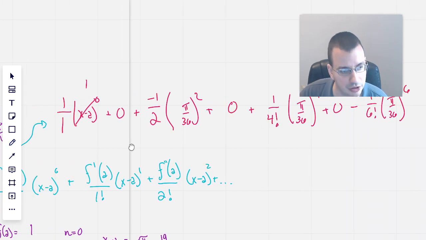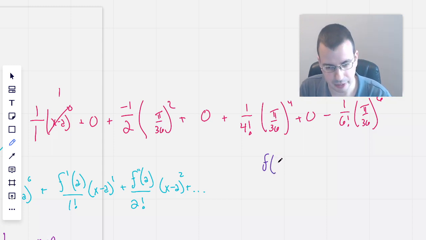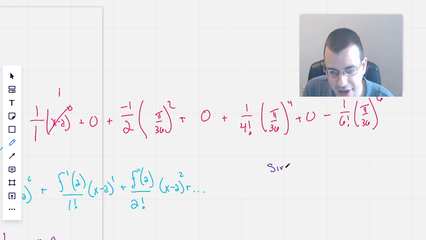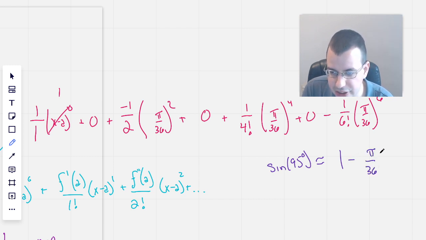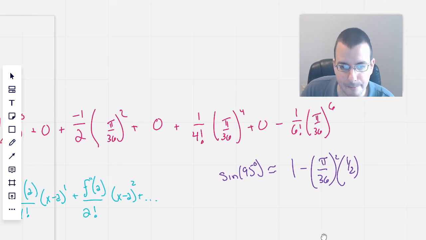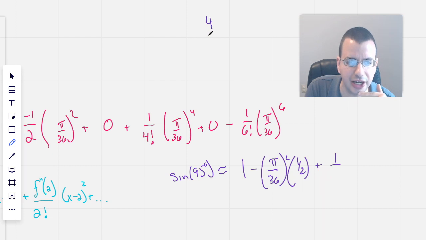So our first term, we look over here, it just turned out to be 1. So we have f of, I'll just say sine of 95 degrees is approximately 1 minus pi over 36 squared times 1/2, plus 1 over 4 factorial. 4 factorial is 4 times 3 times 2, so that's 12.